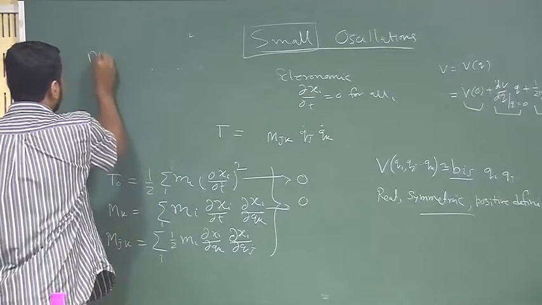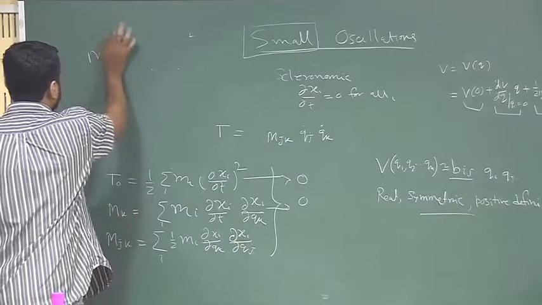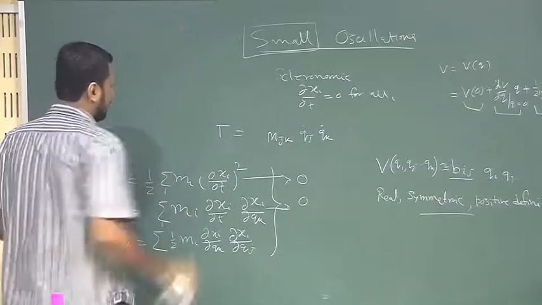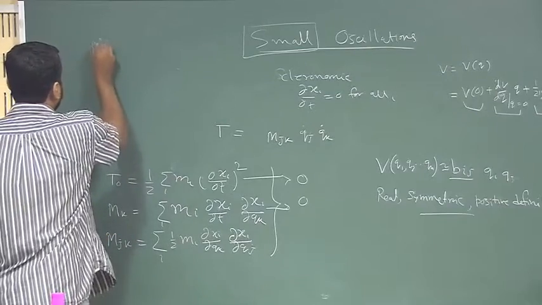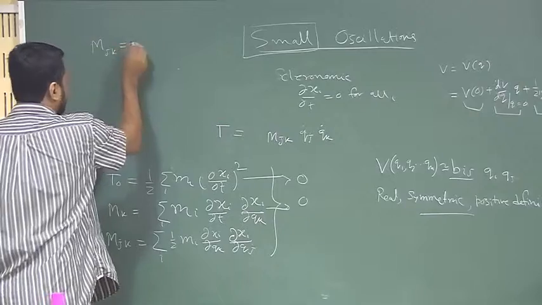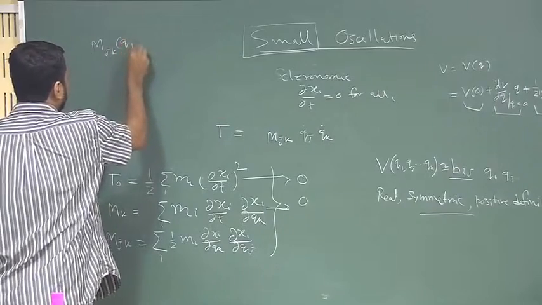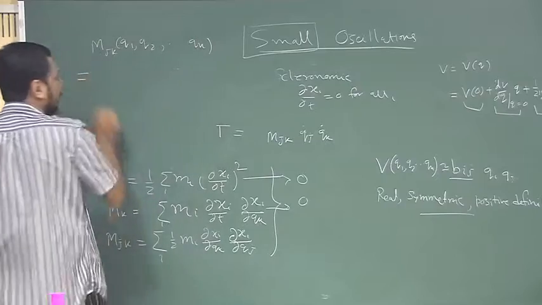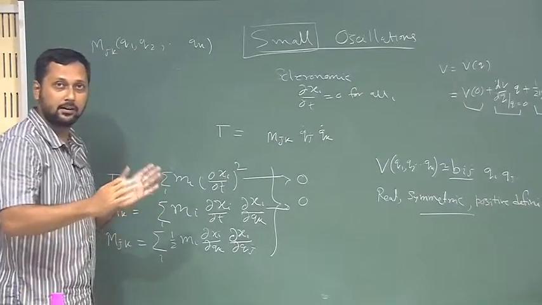So, capital M j k, which is a function of q 1, q 2 up to q n, can also be expanded in a Taylor series.